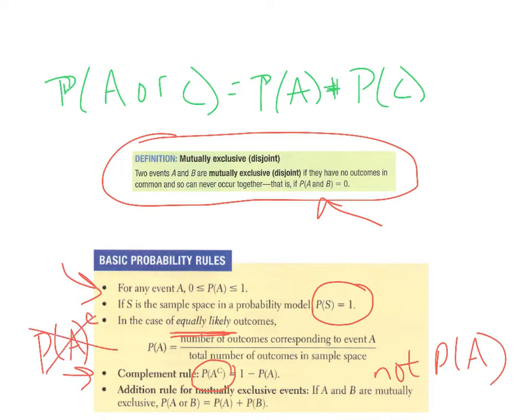So make sure you realize that the complement is referring specifically to event A, not the probability of event A. So your complement rule, again, is the probability of A not occurring. And then the addition rule, that's the one we just talked about with mutually exclusive. If A and B are mutually exclusive, so if they cannot happen at the same time, I can just add their probabilities together.